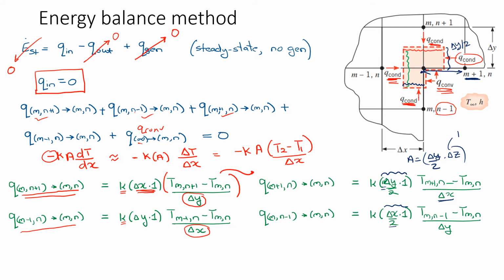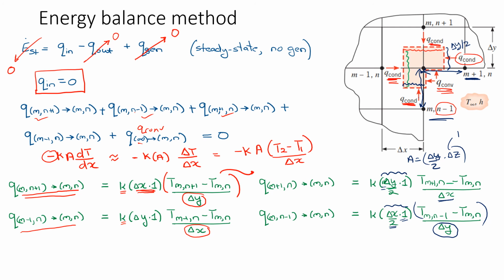So we have a delta x by 2 multiplied by delta z, which is 1, times the temperature difference T at m comma n minus 1 minus T at m comma n, divided by delta y, because that is the distance across which heat is being transferred.